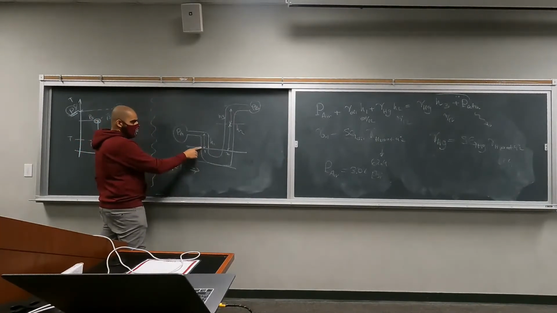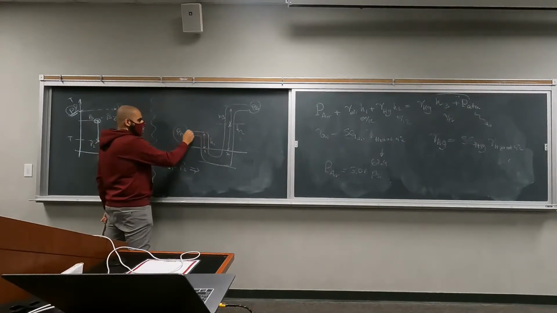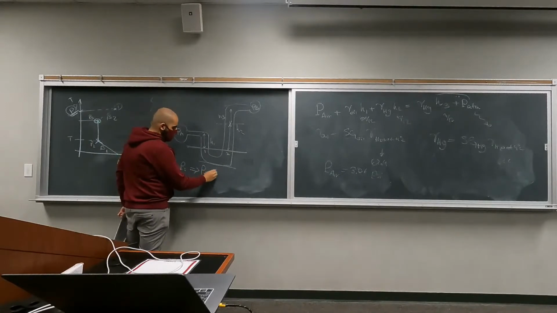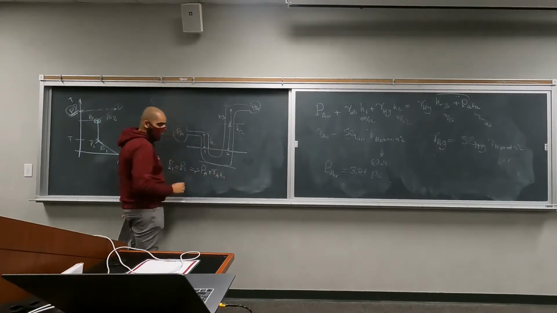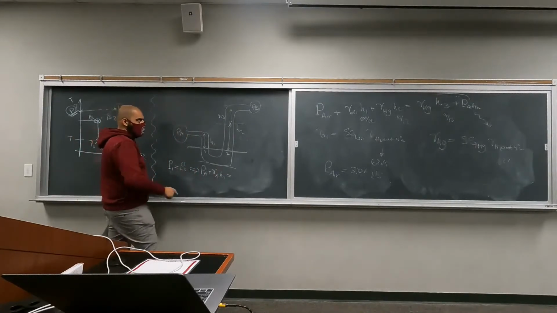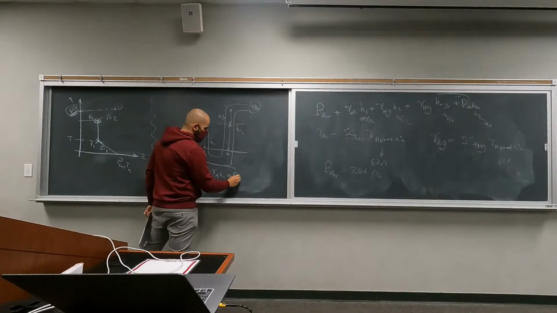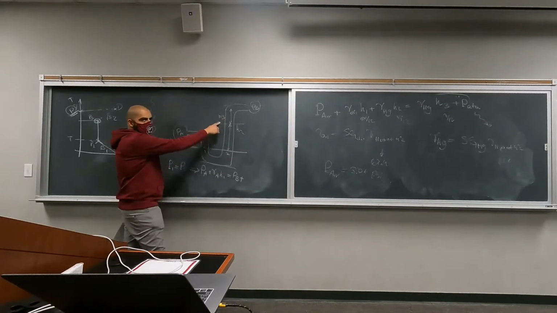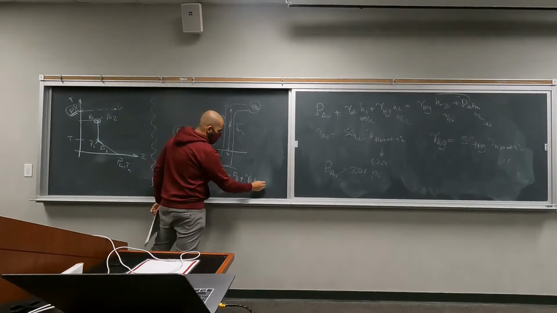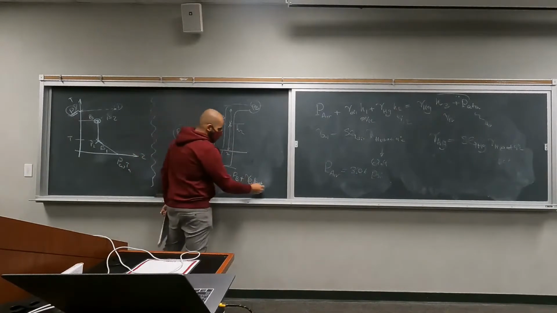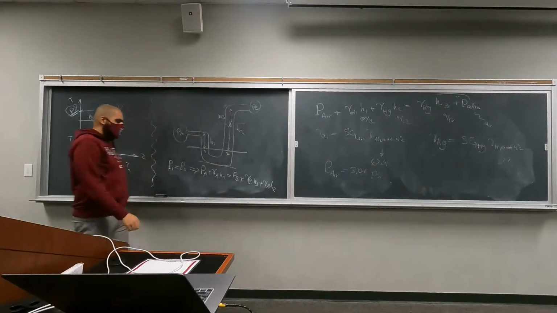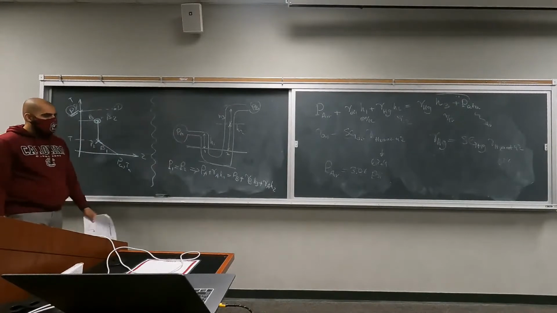P1 itself is equal to PA plus gamma A, H1. That's P1. P2 is equal to PB plus gamma B, H3 plus gamma A, H2. Okay?